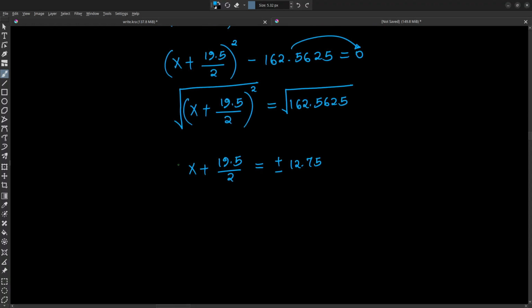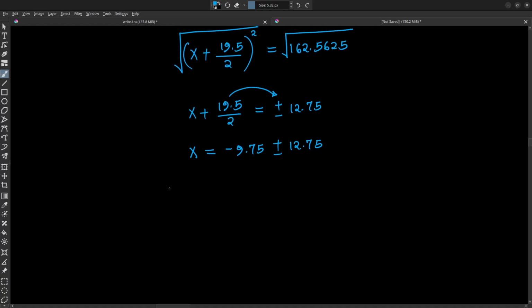Then again, our interest is in x, so we take this 19.5 over 2 to the right side. So on the left, we are going to remain with x is equal to, so 19.5 over 2, 19.5 divided by 2, that's just 9.75. But when it comes to the right, it becomes negative. So that's the same as writing negative 9.75, and then we still have plus or minus 12.75.